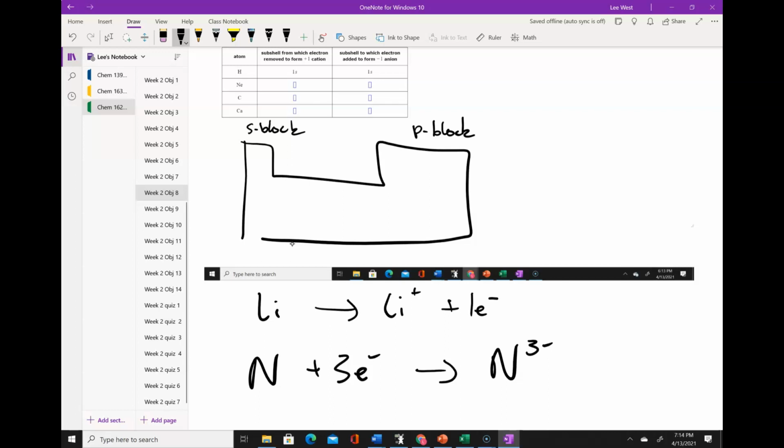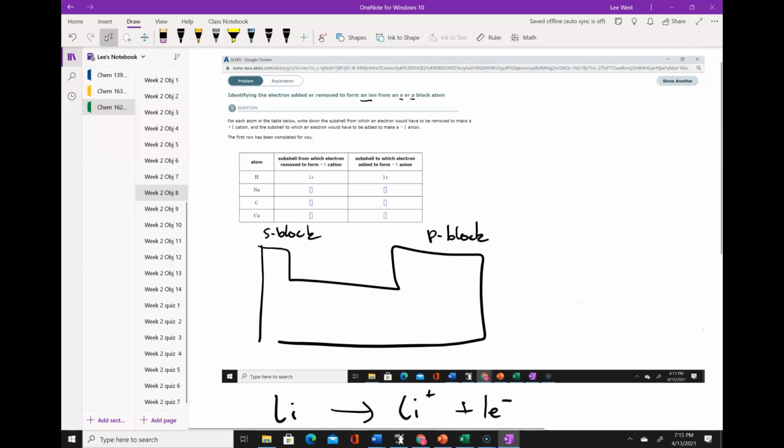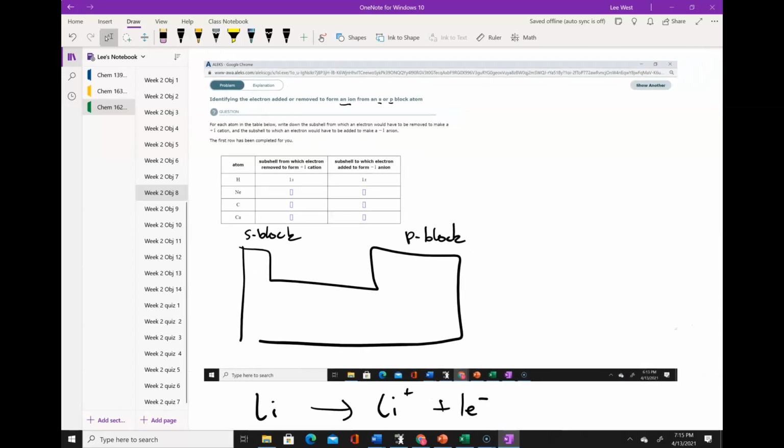And so that's how it happens, right? We're going to add and subtract electrons in order to give them electrical charge. So what we've got to do is begin with an electron configuration, and then we're going to add or subtract the required number of electrons.